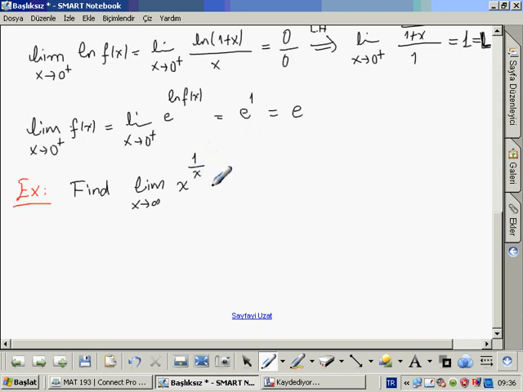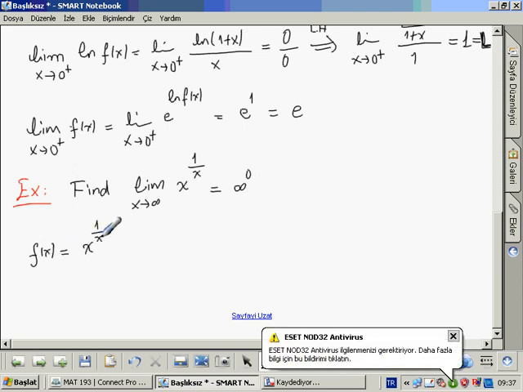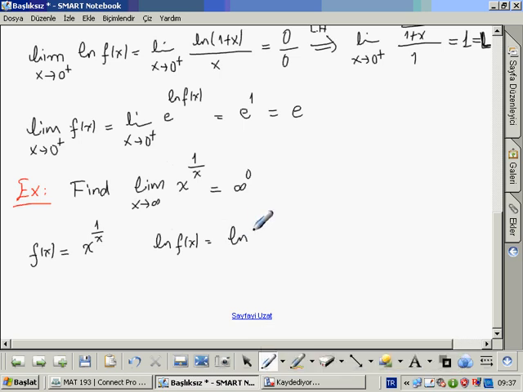That means infinity to the power of 0. And the solution: firstly, we know that f of x equals x to the power of 1 over x. After that, ln f of x equals ln of x to the power of 1 over x, which is equal to 1 over x times ln of x.